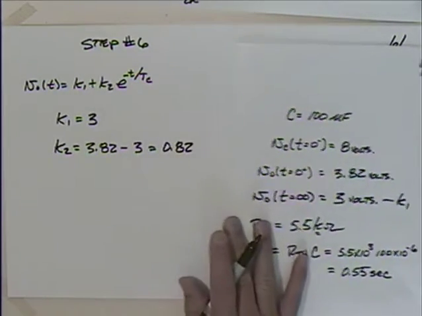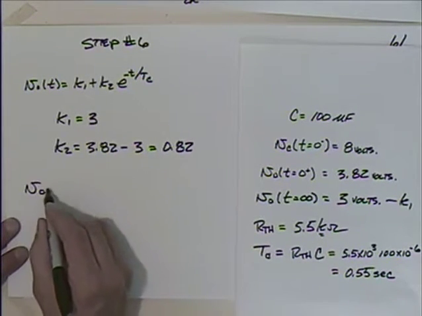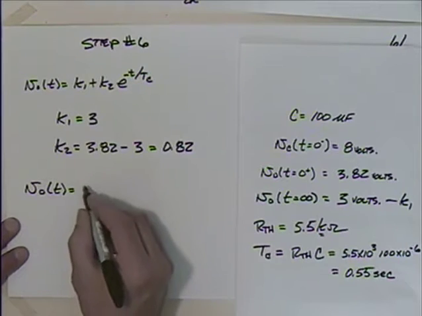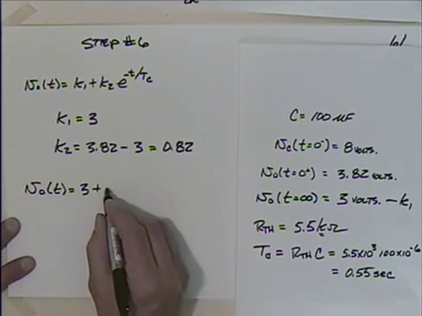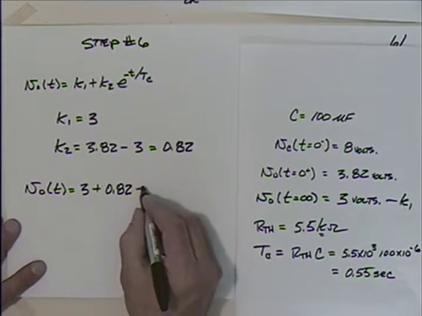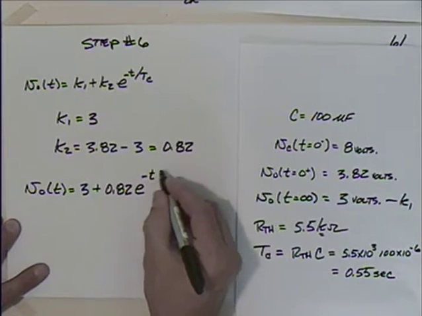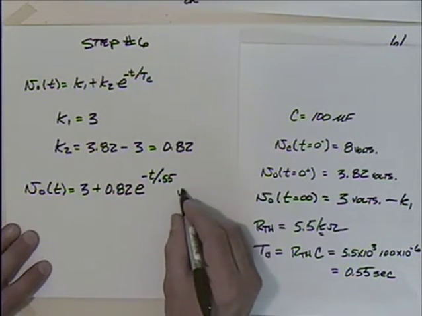0.82 volts. So when I put this together, I've got then that V0 as a function of time is equal to K1, which is 3, plus 0.82 e to the minus t over the time constant, 0.55, and this is going to be volts.